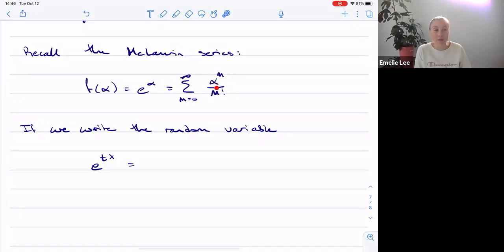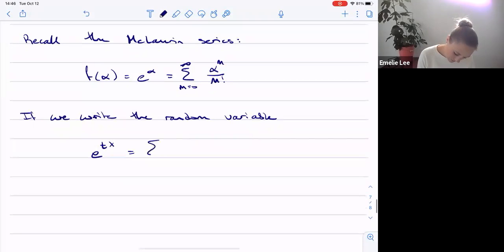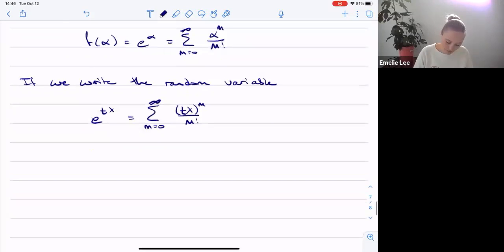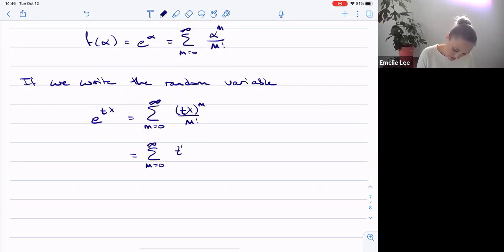That's t to the power of m times x to the power of m. So I can rewrite the summation as the sum from m equals 0 to infinity of t to the m over m factorial times x to the power of m.